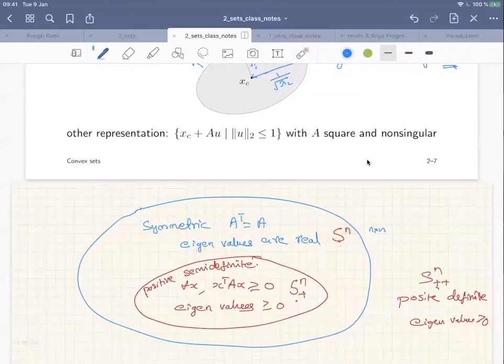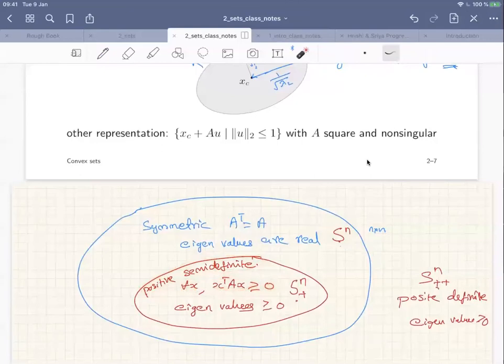Now we learn a subclass of these matrices, which is called a positive definite matrix. It is a special class of symmetric matrix where we can write this relation: if you pick any x and take x transpose Ax, that has to be non-negative.